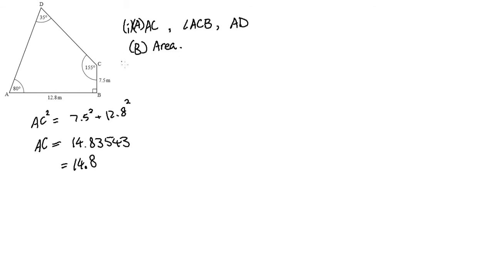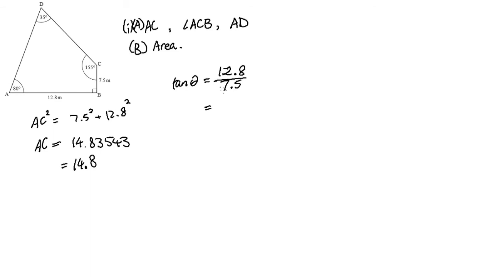So ACB, you can use just normal tangent actually. So tangent of theta is just opposite divided by adjacent, and for this particular right-angled triangle it is 12.8 divided by 7.5.